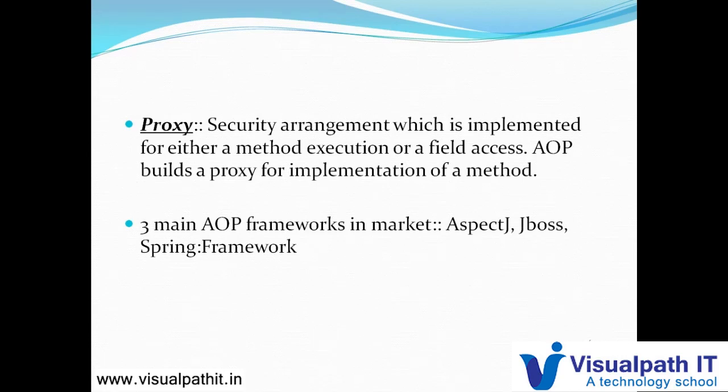Next, JBoss. JBoss is also another framework where the aspect, advice and pointcut declarations are made in the XML file called jboss-aop.xml. The advice is implemented using Java methods and invoked by the JBoss AOP framework. Spring framework does not provide the complete AOP implementation.